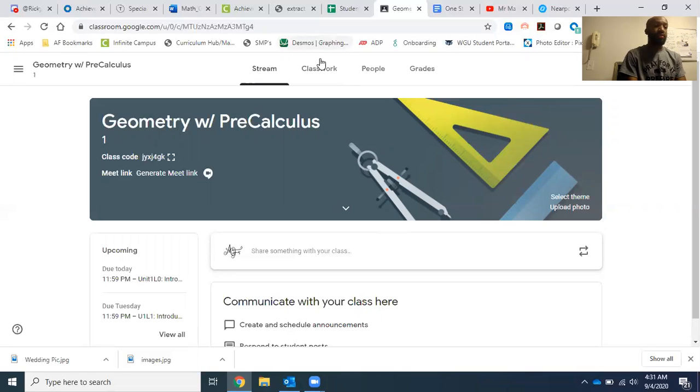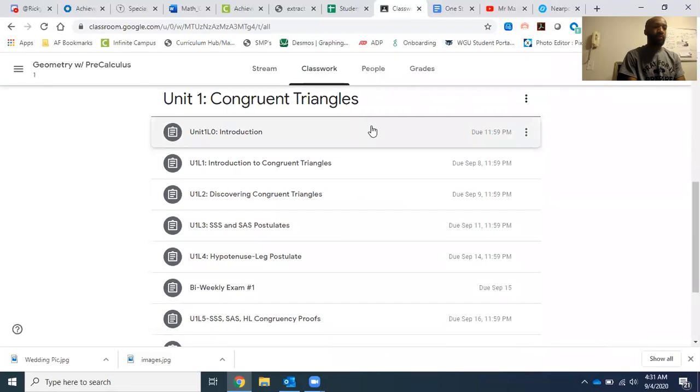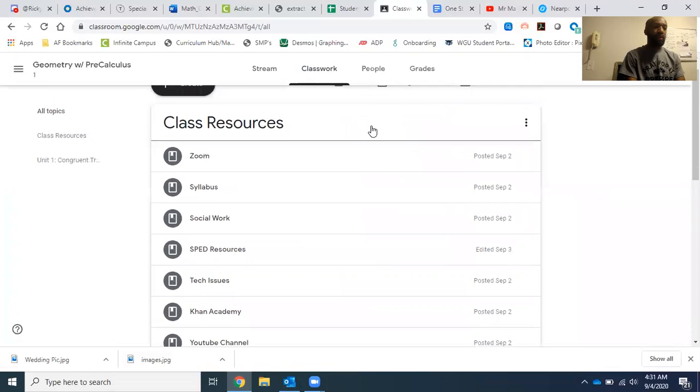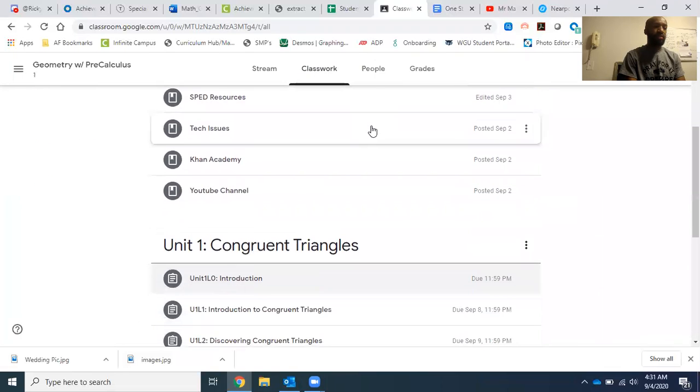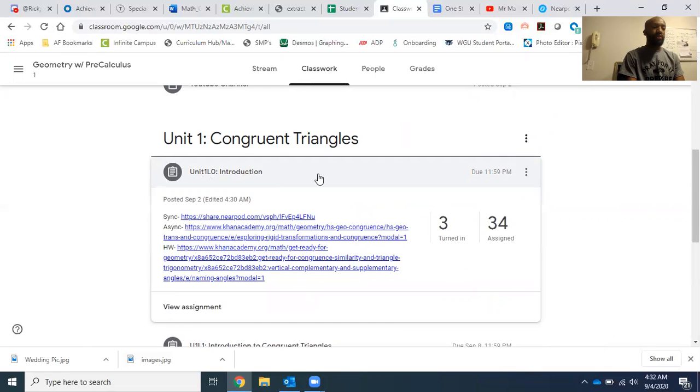Now, for today's lesson, if you go over to classwork, you'll be able to see from the top all the class resources. Please take the time to go through that. And in congruent triangles, which is the first unit, today we'll be doing Unit 1, Lesson 0, Introduction.